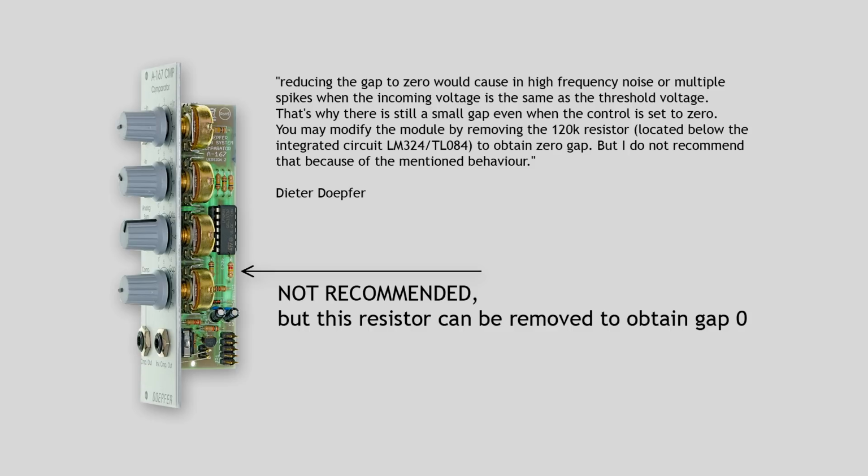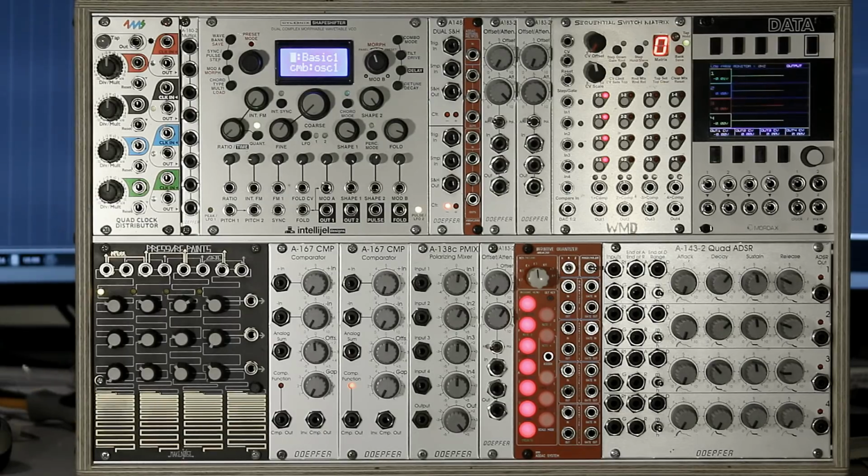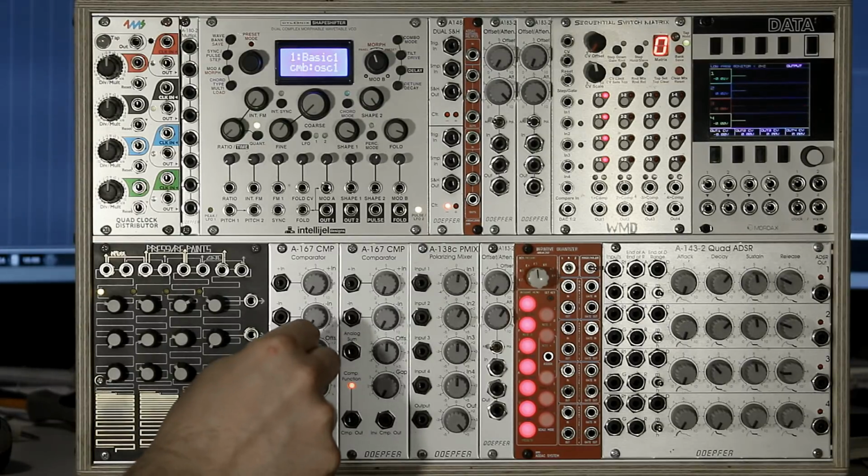That's why there is still a small gap even when the control is set to 0. You may modify the module by removing the 120k resistor to obtain 0 gap, but I do not recommend that because of the mentioned behavior.